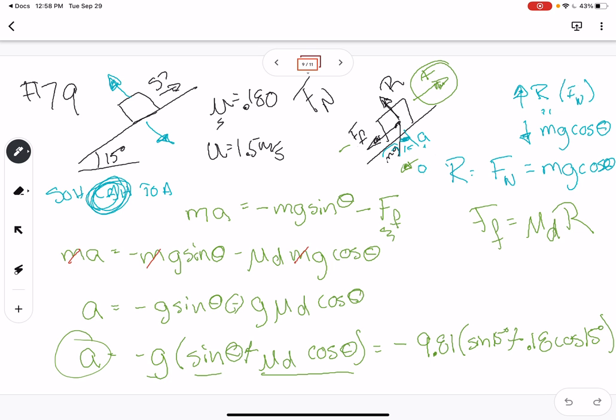The angle between the normal force and mg is off by 15 degrees, so that is important.